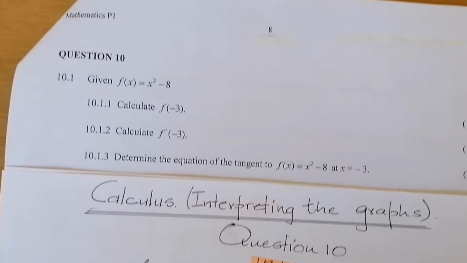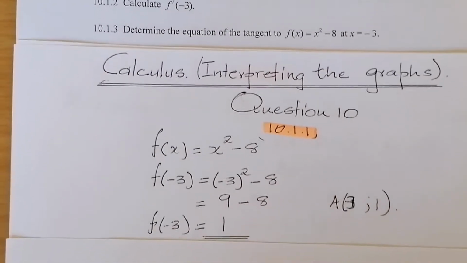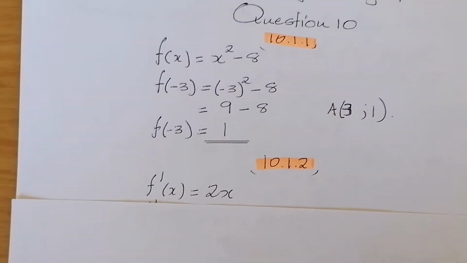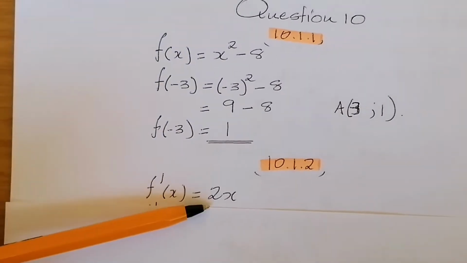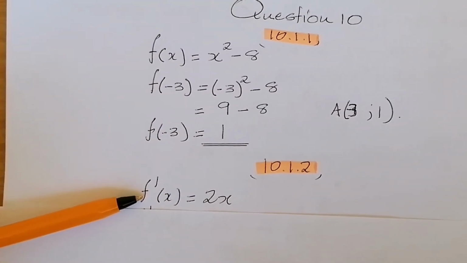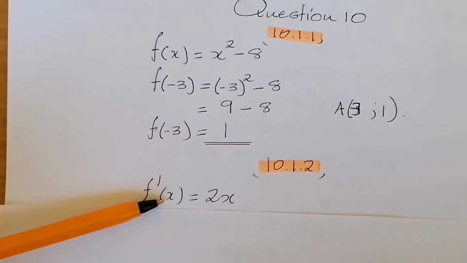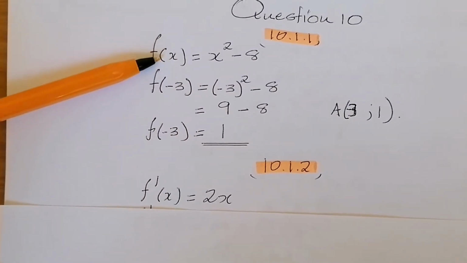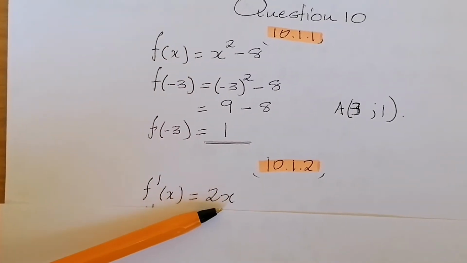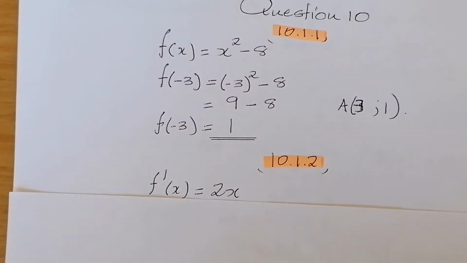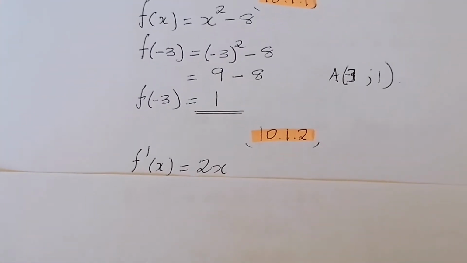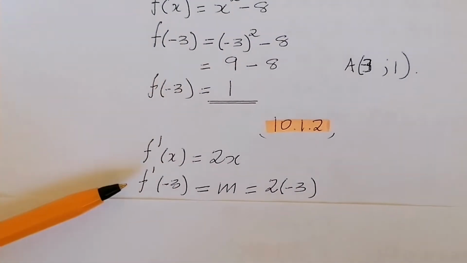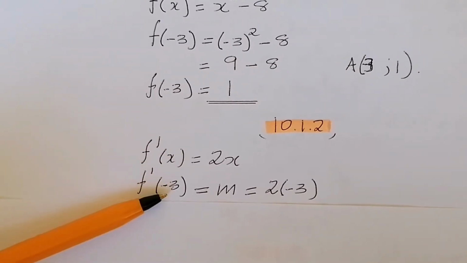Let's see how I did this one, folks. The first thing, I determined the gradient function, which is the derivative of the function f with respect to x from the given function, x squared minus 8, which is 2x. Now, from there, I did what they instructed me to do, determine f prime of minus 3.